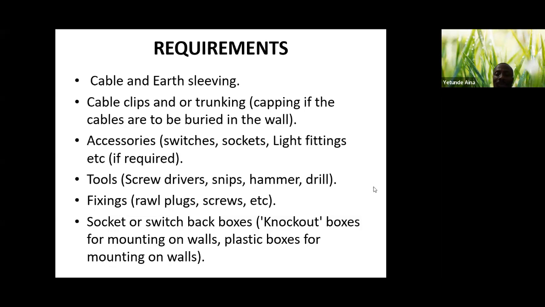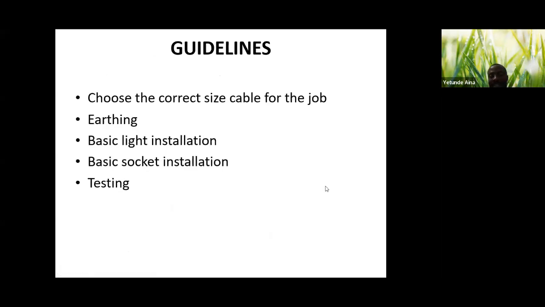Not that alone, we also need to look at some important aspects of this unit, which has to do with the guidelines. What are the guidelines? Number one guideline is for you to choose the correct size of cable for the job you are to do. We have different types of cable. We have 1.5 mm, we have 2.5 mm. Each of these you must choose for the installation you are doing.